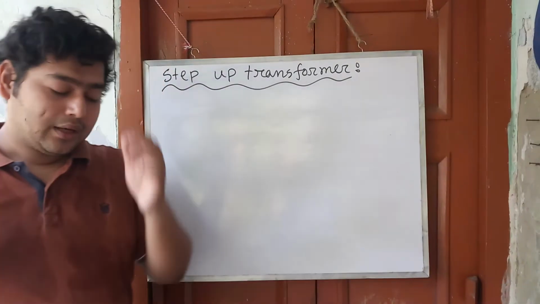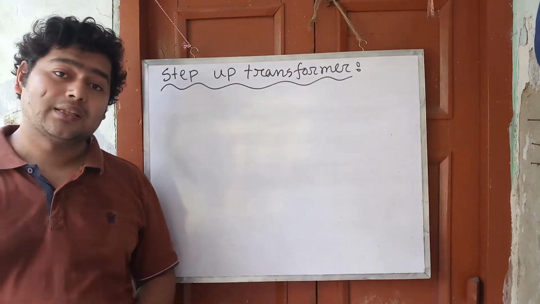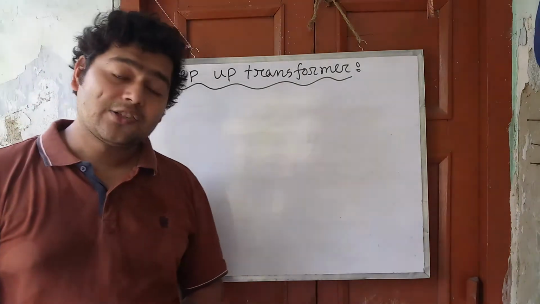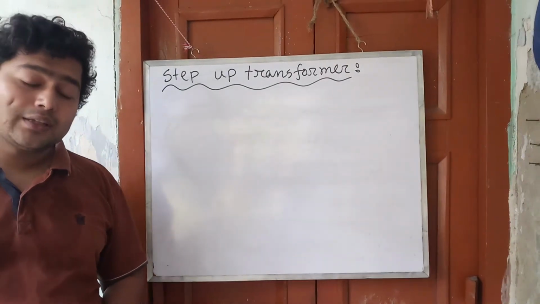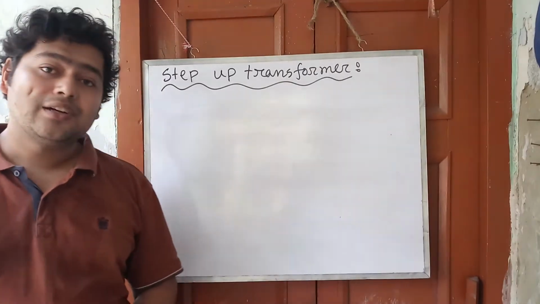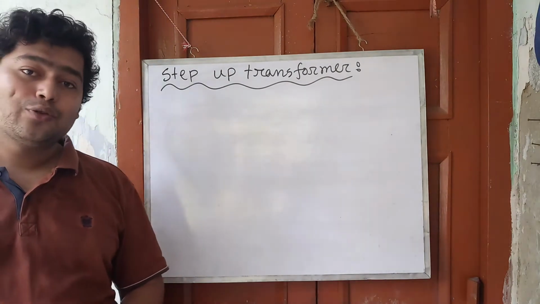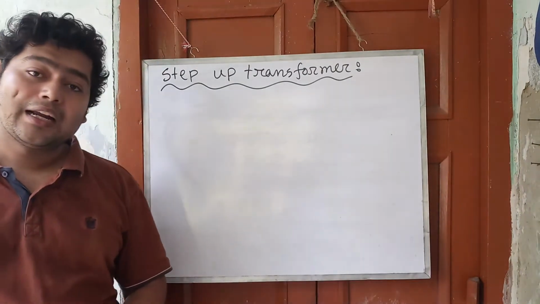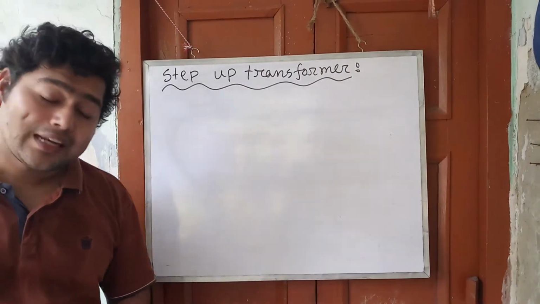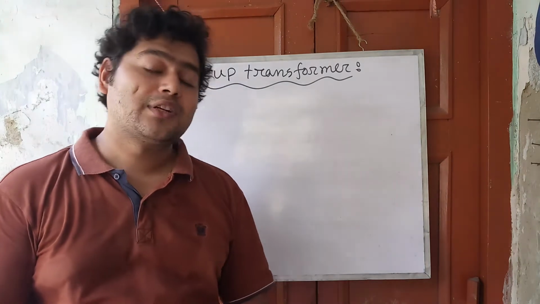Now the definition of a step up transformer: the transformer which converts an electric current of greater strength at low voltage into an electric current of weaker value at high voltage is known as a step up transformer.